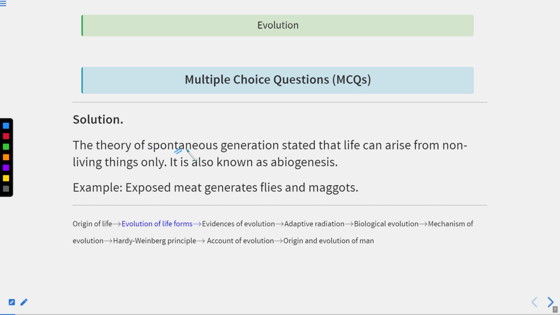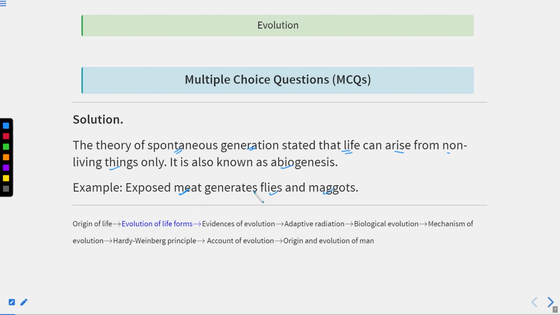So the theory of spontaneous generation stated that life can arise from non-living things only, and it is also known as abiogenesis theory. For example, exposed meat. If you expose the meat in the open air, then you can see flies and maggots feed on this meat.